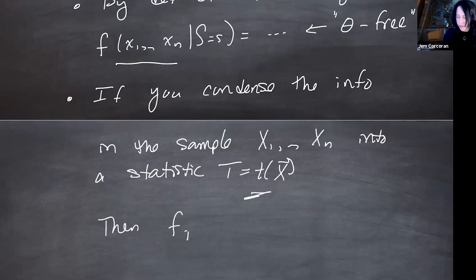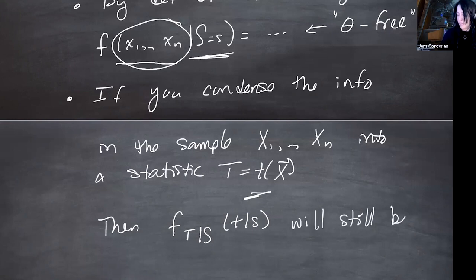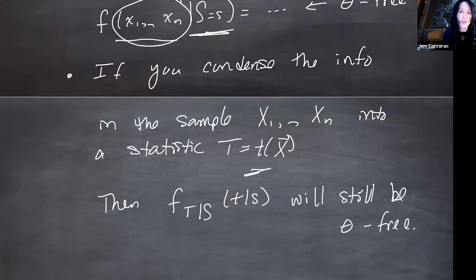So the distribution of T given S, this is something you can get, like maybe these were IID Poissons and T was a sum, which is another Poisson. And if it's a sum of Poissons in this conditional land that does not depend on the parameter lambda, then it's not going to now depend on the parameter lambda. So this will still be theta free. You're actually losing information. So you're certainly not going to gain anything about theta.